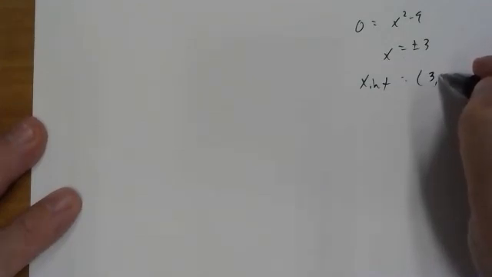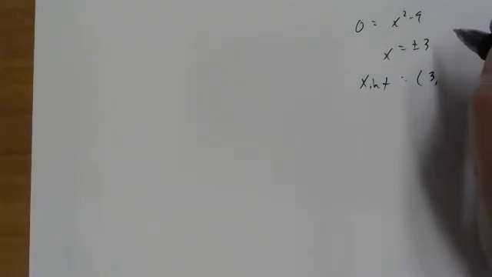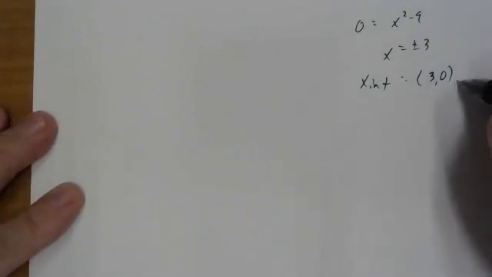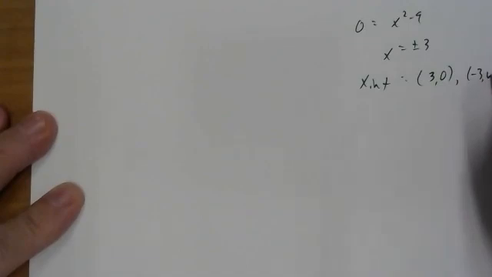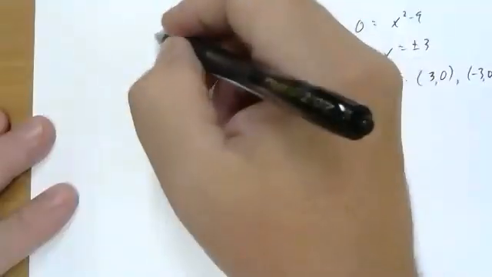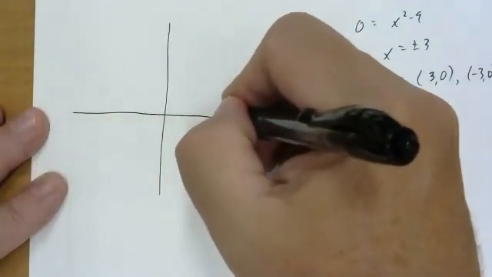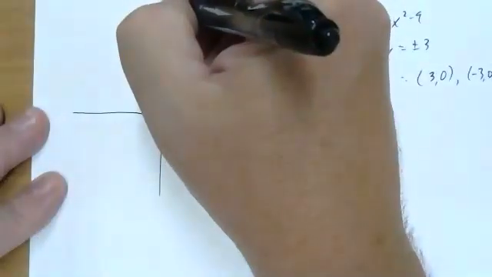So therefore, to be very clear about it, I have two x-intercepts across the x-axis: 3, 0, and negative 3, 0. If I'm going to create a graph here as I learn things, I'm going to include them.